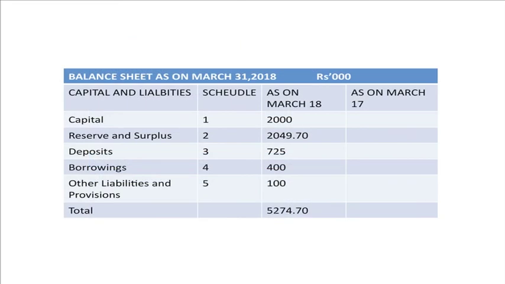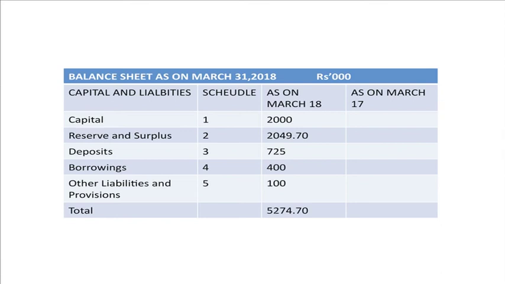It is capital and liabilities side first. Capital, schedule 1, will have 2000 as the value which has come from schedule 1. Reserves and surplus is schedule 2 having a value of 2049.70. It is the aggregate of statutory reserves and P&L account amount which is being transferred to this schedule.